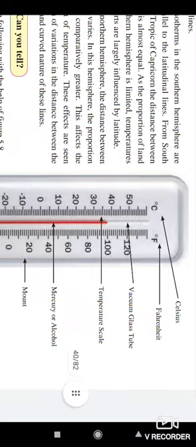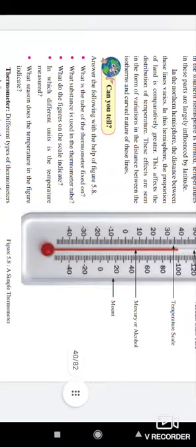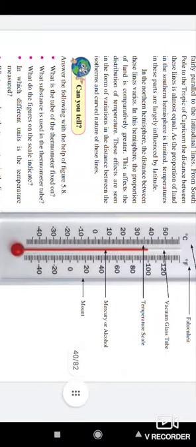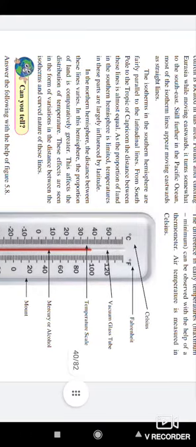Here is a thermometer, a simple thermometer, which measures the temperature.